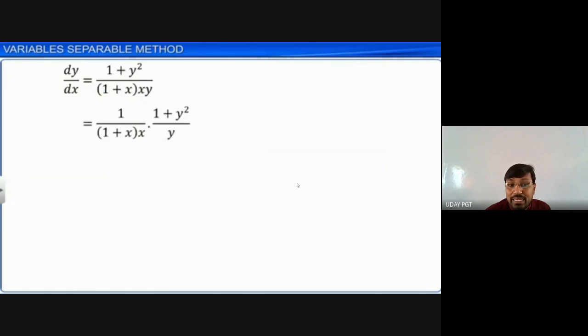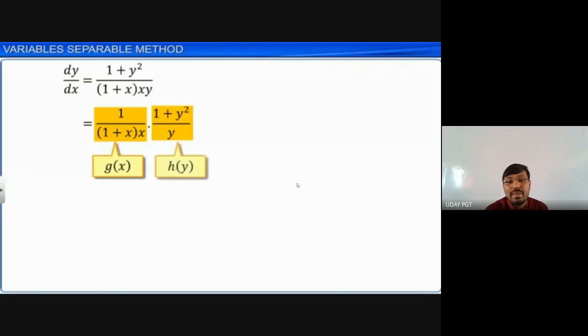Can you make this into the form 1 by 1 plus x into x plus 1 plus y square by y square? So this is the function in terms of x, and the second is the function in terms of y, because we have separated the x function and the y function.